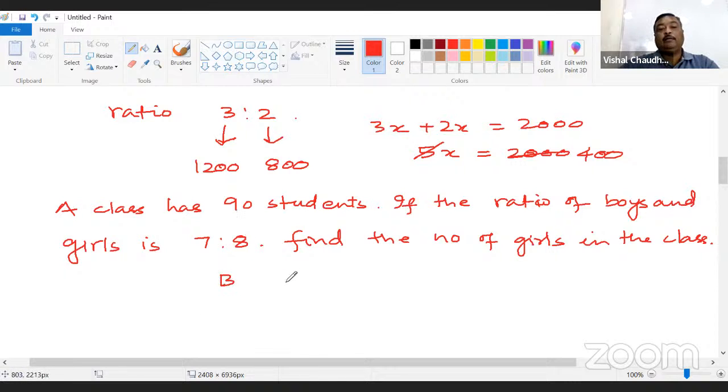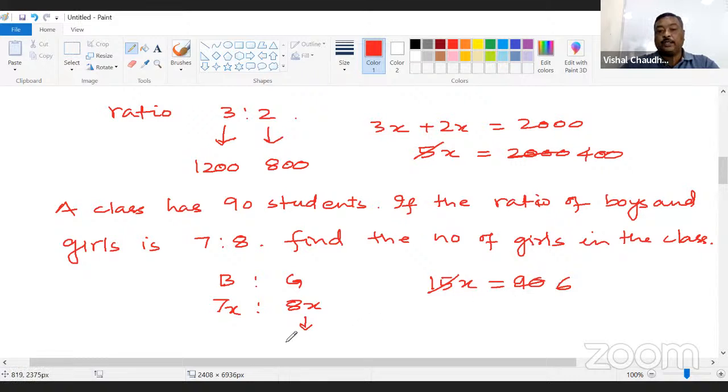So I have boys, I have girls, and the ratio is 7:8. I can assume it is as 7x and 8x, multiplying constant. So total number will be 15x, and 15x is equal to how much? 90. So x is 6, and number of girls is how much? 8x.